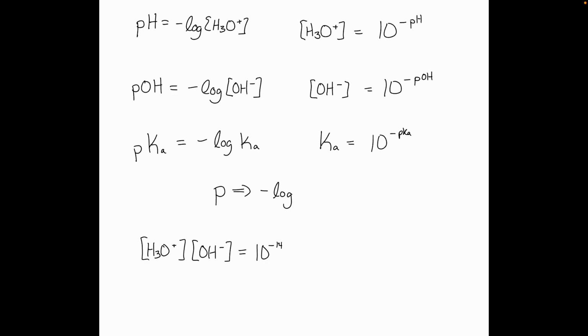Then you can derive this next formula by just taking the negative log of both sides of this equation, or you can just trust me. If we take this autoionization relationship and take the negative log of both sides, we would simplify that to pH plus pOH equals 14.